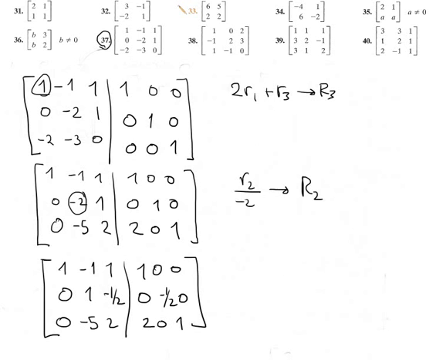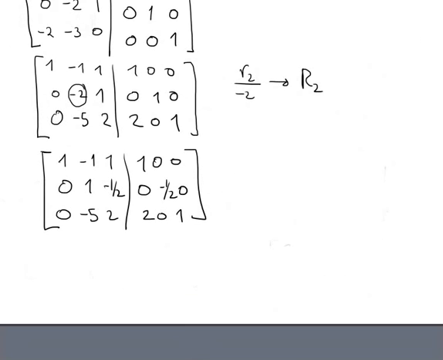Okay. Now, let's do the next row operation, que here is 5. 5 R2 plus R3 is stored in the new R3.